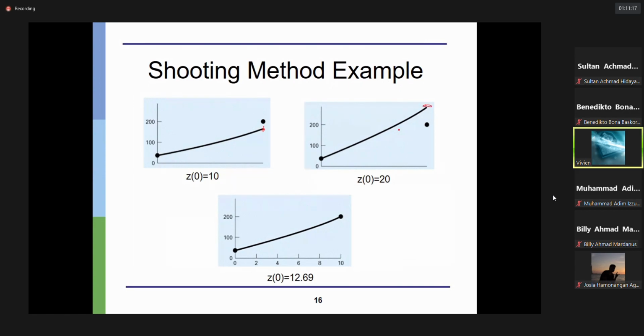Now if we use the interpolation, z is 12.69, and we get the final result, where the rightmost boundary satisfies the boundary condition of 200. Once we have this, we can find the distribution of each point inside the rod, so we know the temperature on the rod.